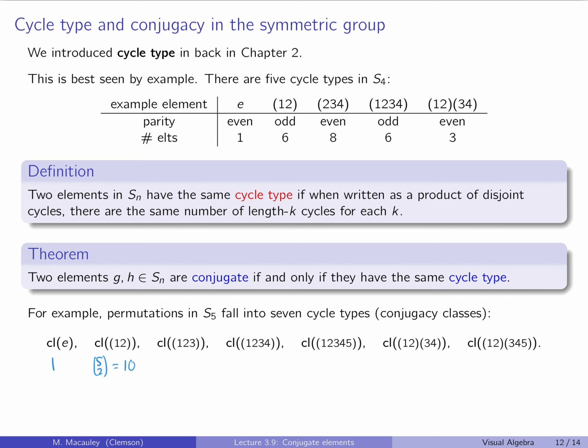So there's 10. What about 3 cycles? There are 5 choose 2 ways to pick the 2 elements that get excluded, and then we have 3 more elements, say 1, 2, 3, and we can cyclically order them 2 different ways. So 5 choose 2 times 2 is 20.